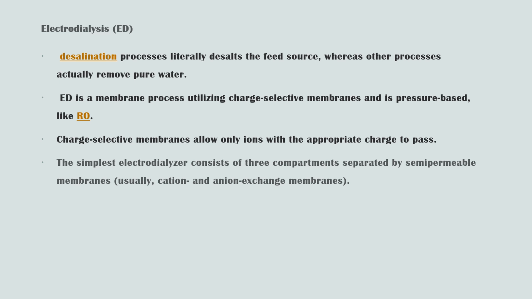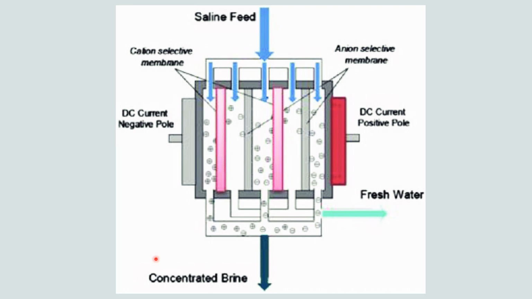It is possible to manufacture membranes that are charge selective and that allow only ions of appropriate charges to pass through the membrane. The simplest electrodialyzer consists of three compartments that are separated by semipermeable membranes, which are usually cation and anion exchange membranes. In this diagram, we can see the electrodialysis process setup. The water to be purified is supplied to the central desalination compartment.